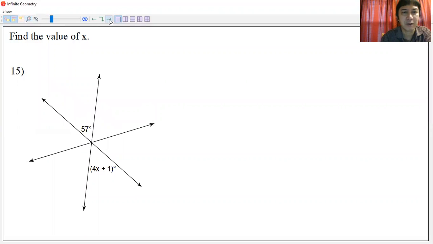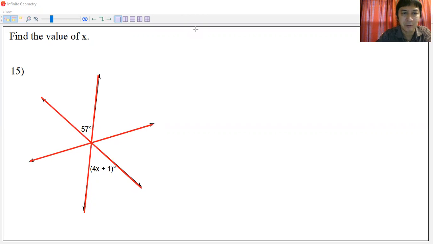Okay, number 15 is here, a similar figure from the past examples. You can observe the given. This is a straight line, this is another straight line, and this is another straight line.